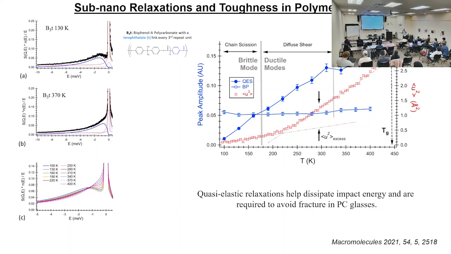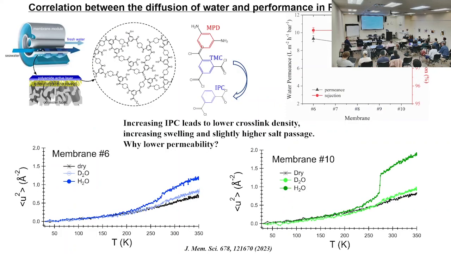And therefore, these materials are not able to dissipate impact energy via these relaxations. However, at higher temperatures, these quasi-elastic relaxations are strong enough, and now these materials are able to dissipate that impact energy. So these quasi-elastic relaxations are really important for the impact strength that you need.